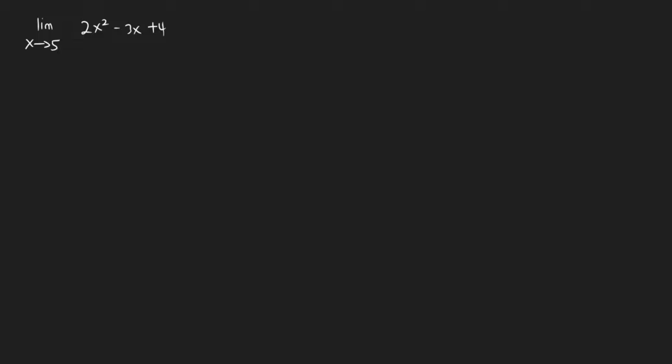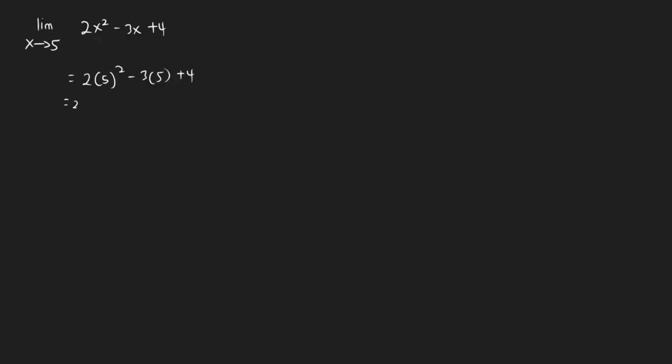The first thing we can do is to try direct substitution, where we substitute 5 in place of x. This is going to give us 2 into bracket 5 squared minus 3 into bracket 5 plus 4. Let's simplify this.